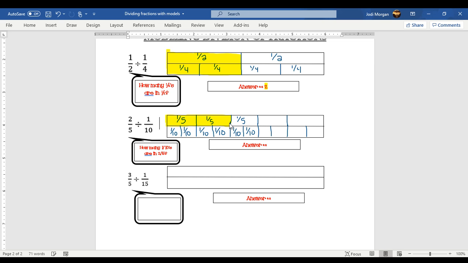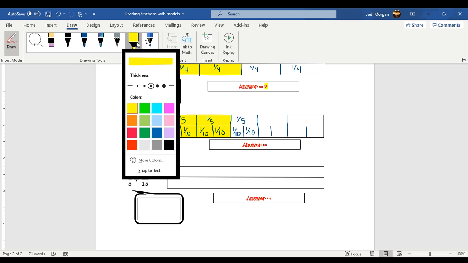Okay, so I need to see how many of these tenths it's going to take to cover 2 of those fifths. And I can totally see that it takes 4 of these tenths to cover 2 of those fifths. Therefore, my answer would be 4.